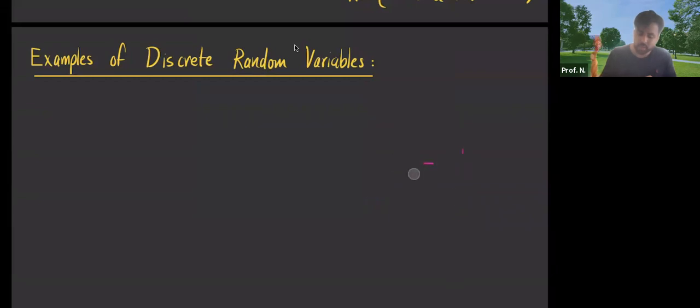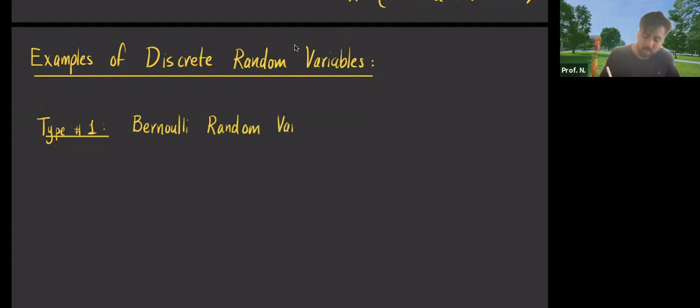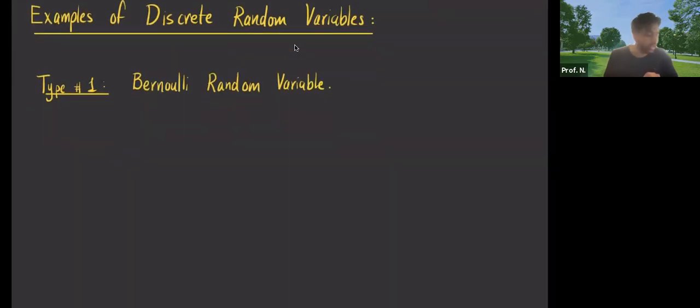So I'll give you the first type, the simplest kind of discrete random variable, and that is type number 1. This is called the binomial, pardon me, the Bernoulli, after the mathematician Bernoulli. Bernoulli random variable. That's the first kind. And the Bernoulli random variable has a very simple structure.